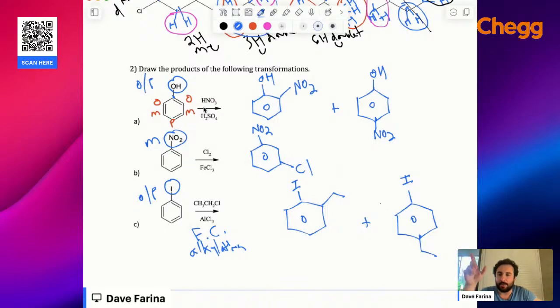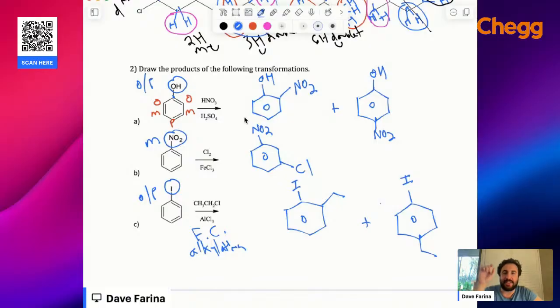Well, the very basics would be unsubstituted, just on benzene. But then the second level is we have substituted benzene rings. All we have to do is memorize which groups are ortho-para directors and which groups are meta directors. If you forget, the rule is that groups that are electron donating will be ortho-para directors.